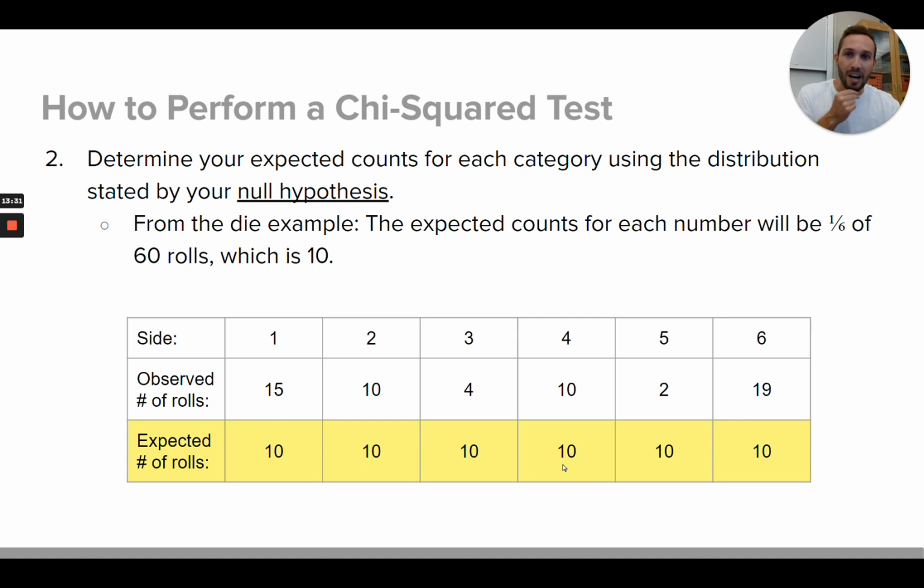And if you're saying a certain number is going to be rolled more often, well, then what are you going to put for these expected numbers? At that point, you're just making things up. You're going to say like 20, 5, 10, I don't know. You're going to just make up numbers, which is not what we want to do. We want to come up with some very solid prediction, okay? So here we go. That's our expected numbers.